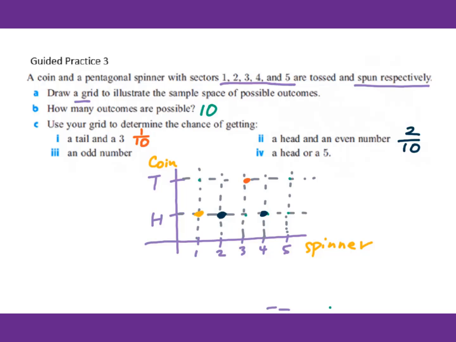It will be 1, 2, 3, 4, 5, 6. So you have 6/10. A head or a 5. Head, that means 1, 2, 3, 4, 5. A 5, then we have another 5, like a 6. So 6/10.